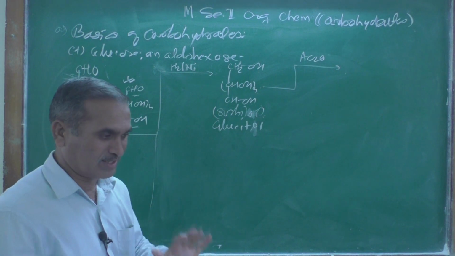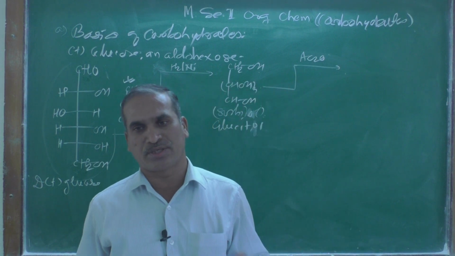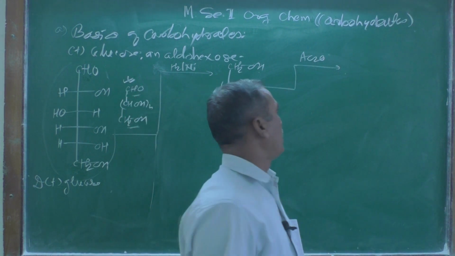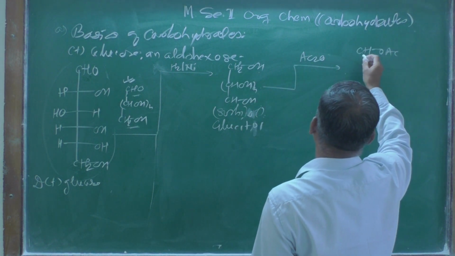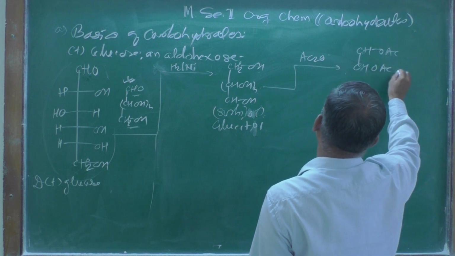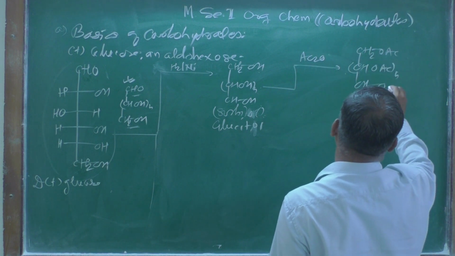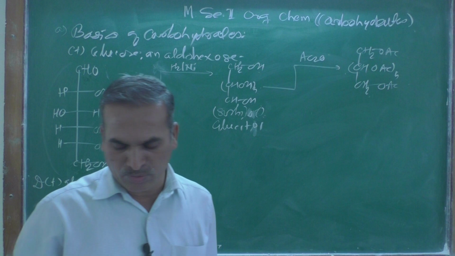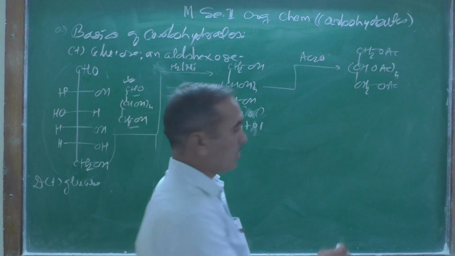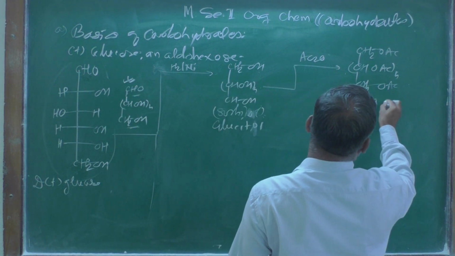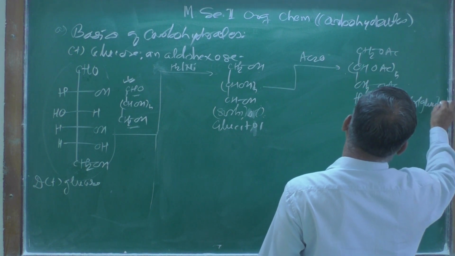All will get acetylated, as acetic anhydride is a very good reagent. Acetylation takes place, esterification takes place, and the resulting compound formed will be this one: CH2OAc, then CHOAc four times, and then CH2OAc. This derivative is called hexaacetyl glucitol.